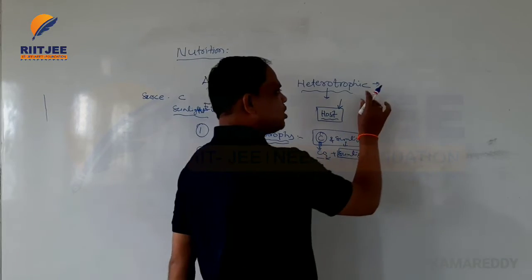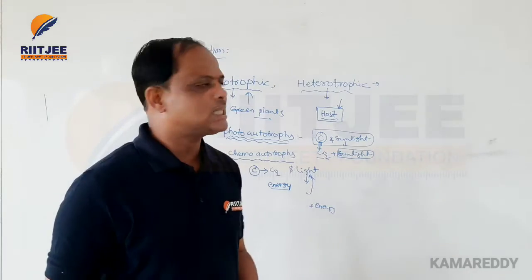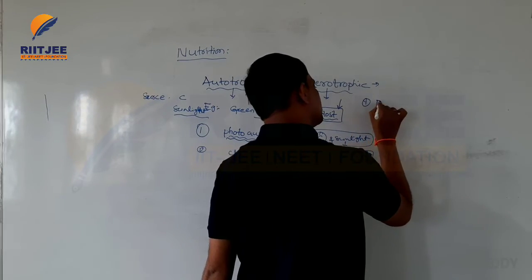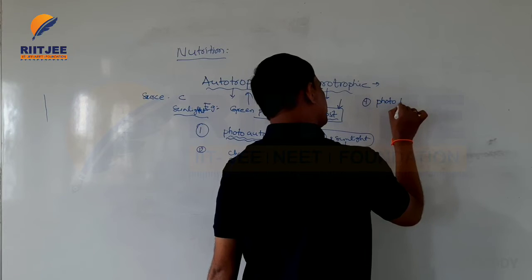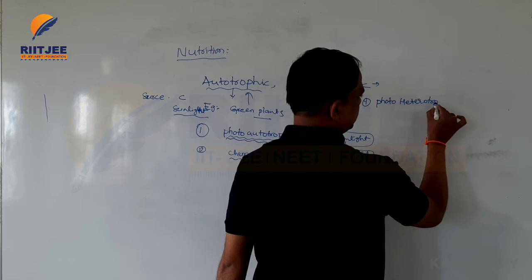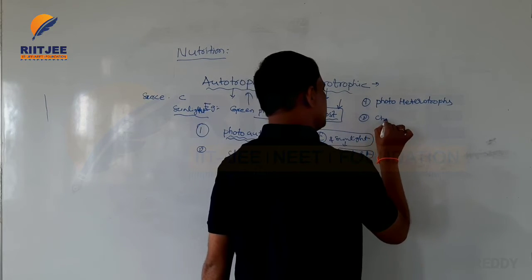And heterotrophic organisms, based on the source of carbon and light, are divided into photoheterotrophs and, second, chemoheterotrophs.